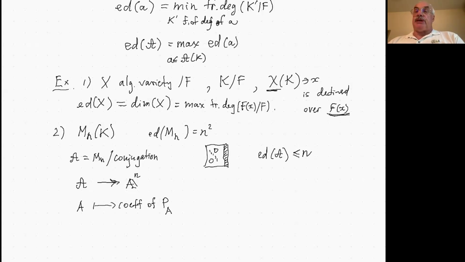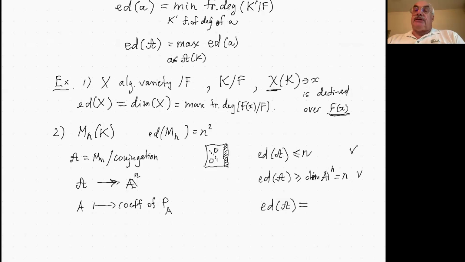So, by the main property of the essential dimension, we have the inequality: essential dimension of A is greater or equal to the dimension of A^n, which is n. So we got the upper bound and lower bound, and they match. It's very rare, but possible, that we can really compute the essential dimension, and that it is equal to n.